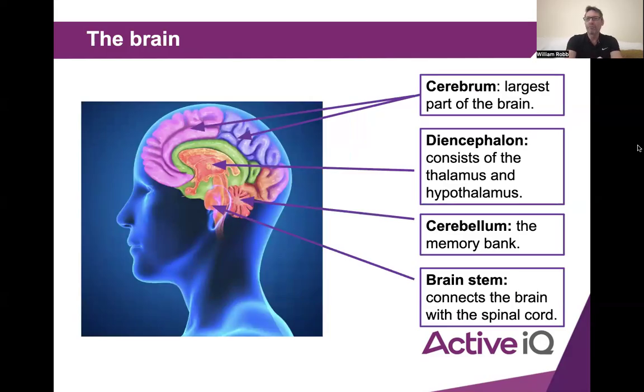The cerebrum is the largest part of the brain. Diencephalon consists really of your hypothalamus and your thalamus glands, which you talk more on your level 3 personal trainer qualification. The cerebrum is your memory bank, and the brainstem connects the brain to the spinal cord.